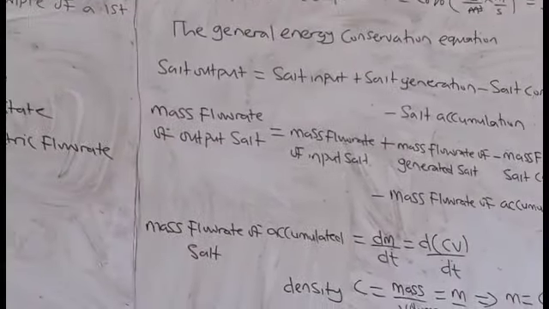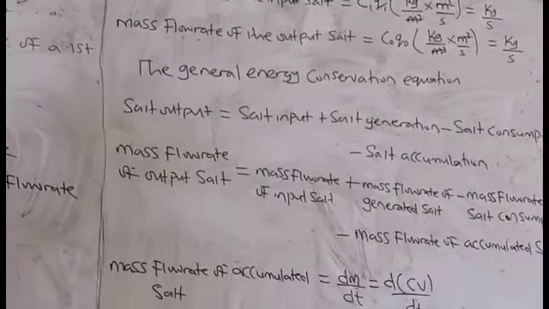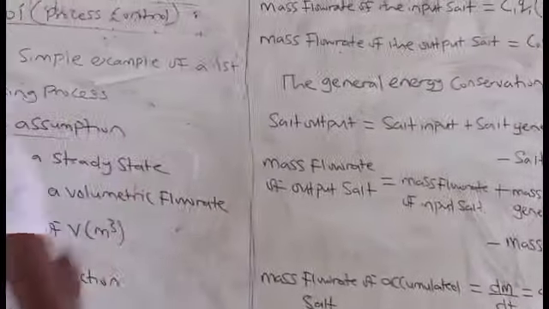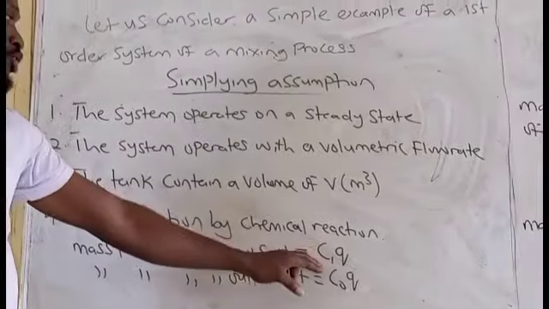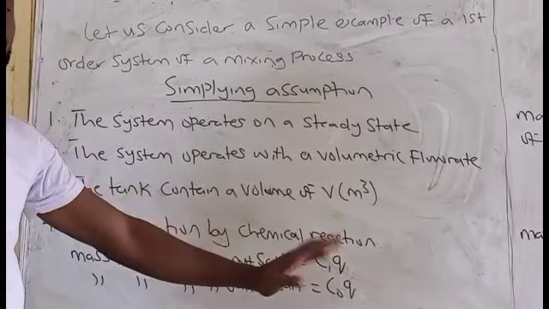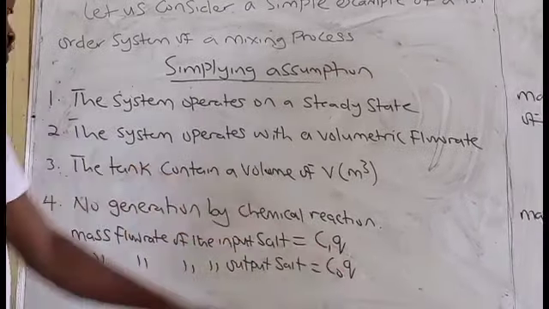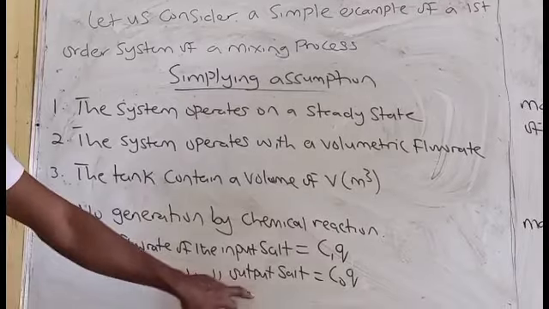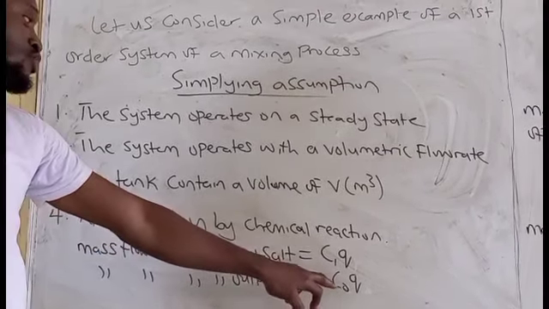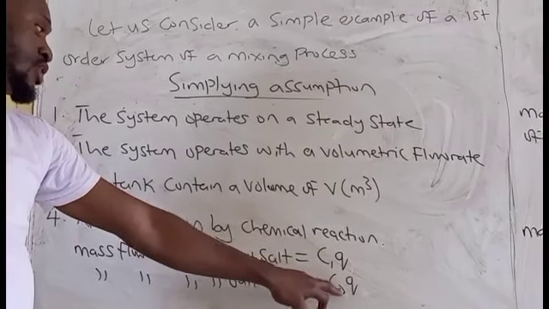Once you do that, the equation will be like this. The mass flow rate of the input salt here is C1 multiplied by Q, that's the volumetric flow rate. Then the mass flow rate of the output salt is equal to C naught times Q.